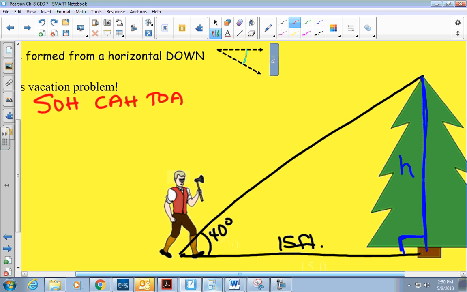So our angle, the only angle they give us aside from the 90, is this 40. So we have to use this 40 degrees as our reference angle. We have to start from that 40 degrees.